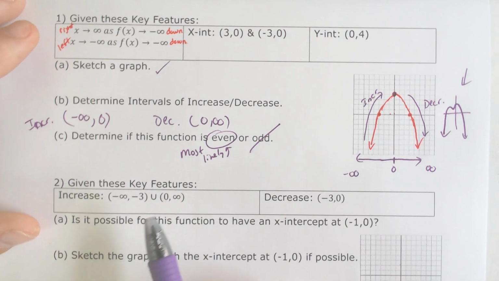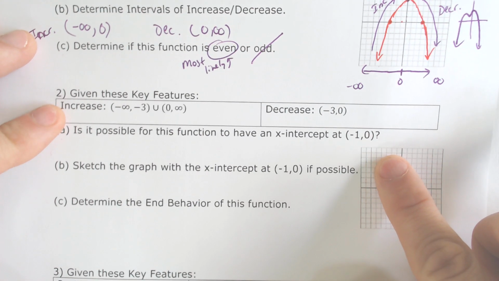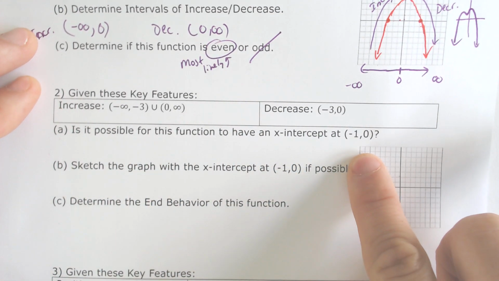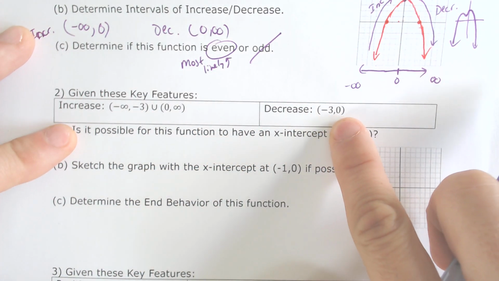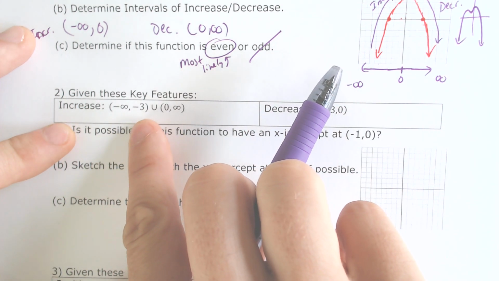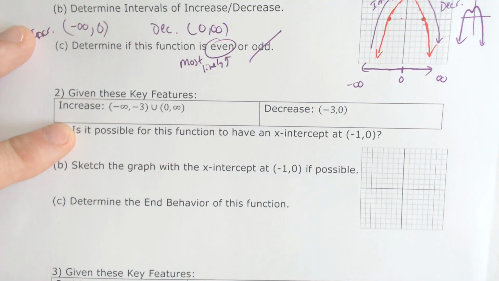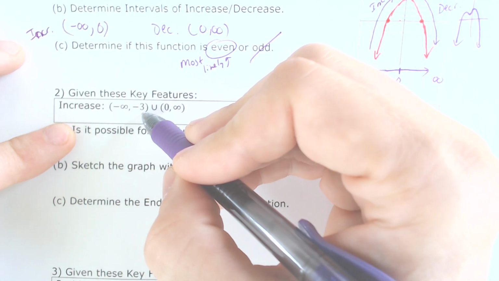Okay, let's do another one. Given these key features, is it possible for it to have an x-intercept at (-1, 0)? Well, let's start by graphing a little bit of it. It is decreasing from negative 3 to 0. It is increasing from negative infinity to negative 3 and from 0 to positive infinity. So let's say that it's increasing from negative infinity to negative 3.